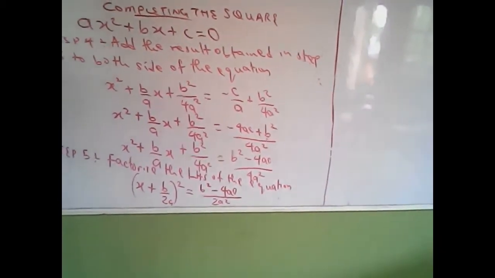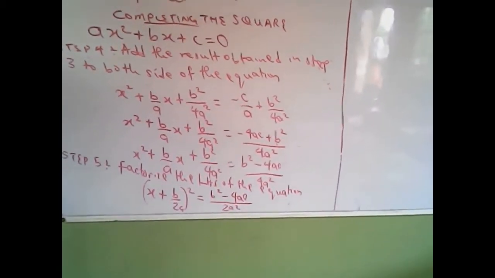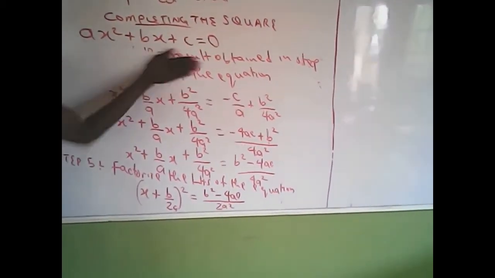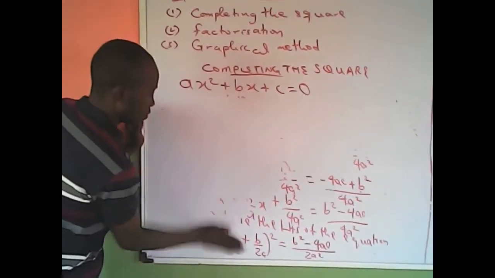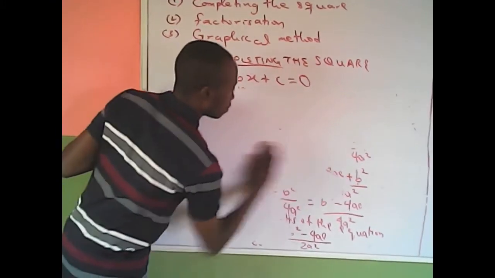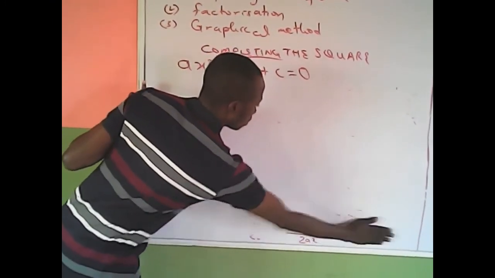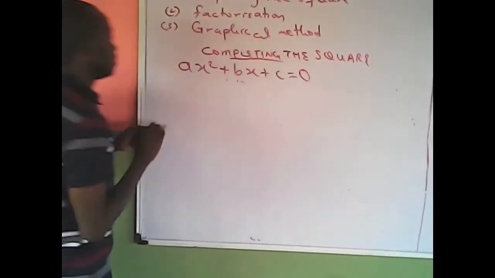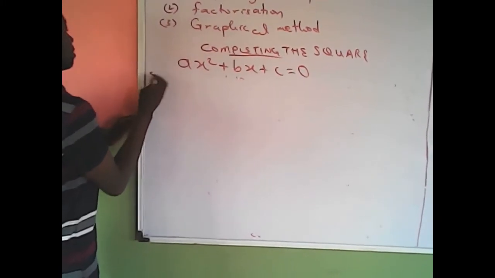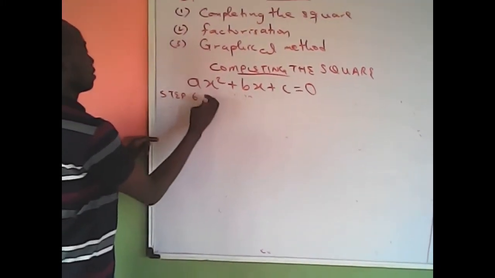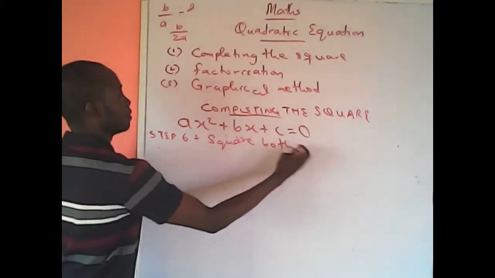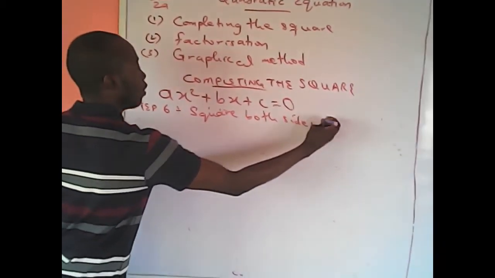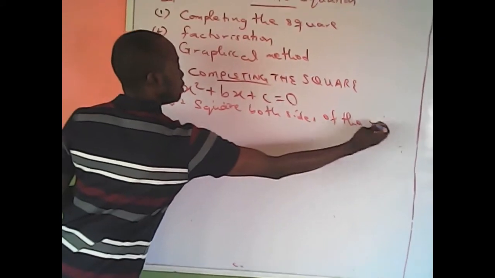Now tó bá ti wá rí báyìí, the next step a máa follow, which is step 6, will be square root both sides of the equation.